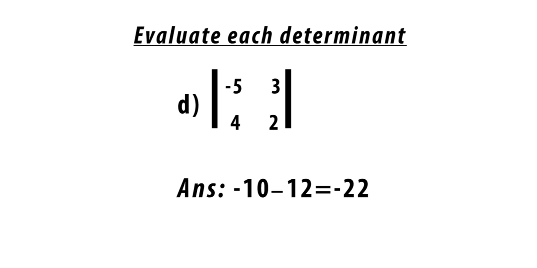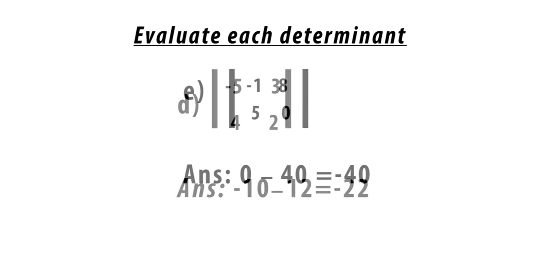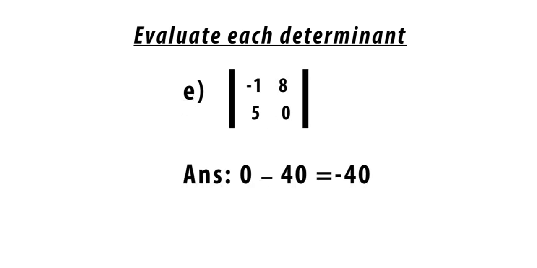Evaluate each determinant in the following cases. D. The determinant of the matrix -5, 3, 4, 2. The determinant will be -10 minus 12, which is equal to -22. E. The determinant of the matrix -1, 8, 5, 0.